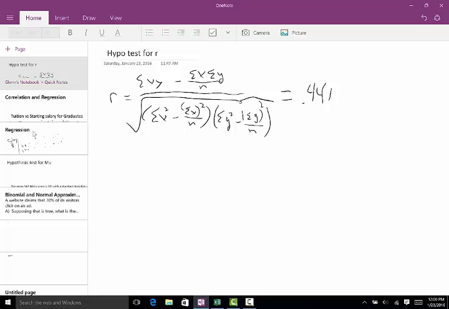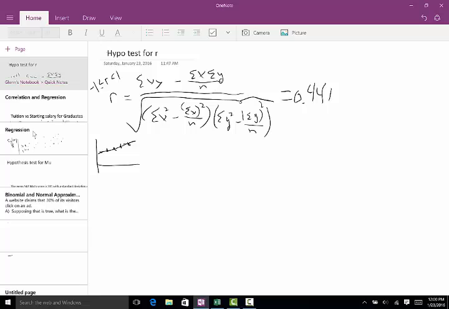Now R will always give you a value between -1, that's a perfect negative correlation, and 1. If the correlation were 1, then all the points would lie right on a straight line, and you could perfectly predict the value of Y for a given value of X. So this value, it's not that close to 1.